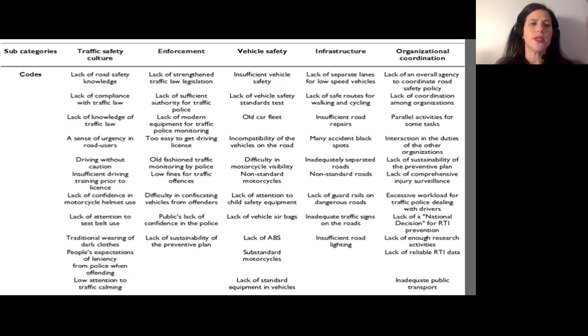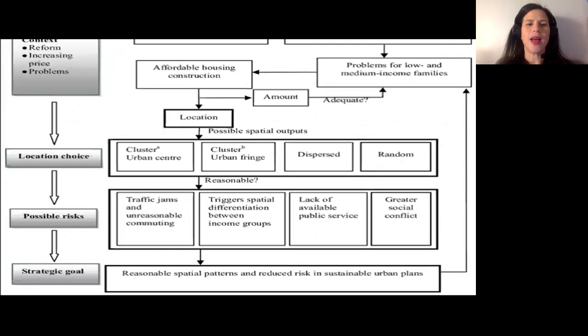So this one is about traffic safety, and as you can see, it has traffic safety culture, and then it has some comments or codes like the lack of road safety knowledge, the lack of compliance with traffic laws. And if people see these, they will be able to get all the things that were discussed in a conversation that took 1.5 hours, or in 6 conversations that took 1.5 hours.